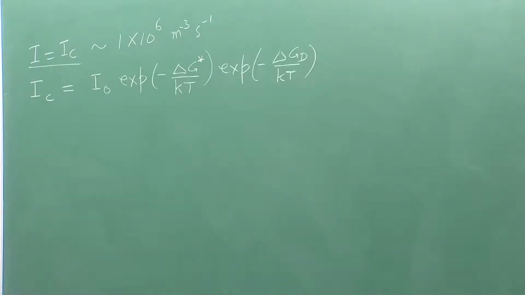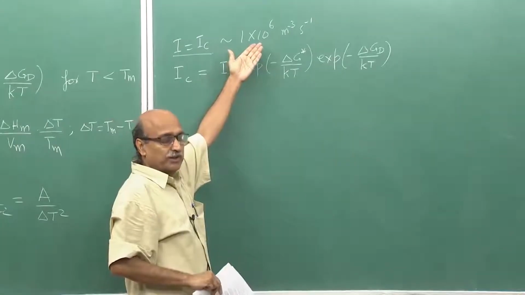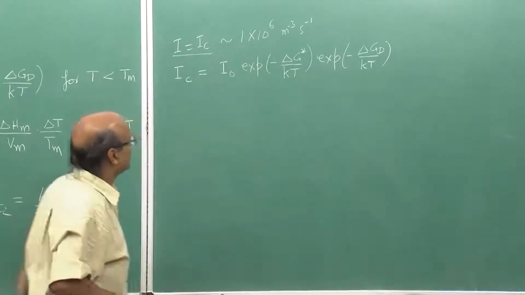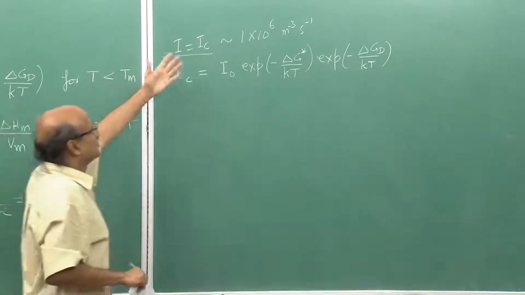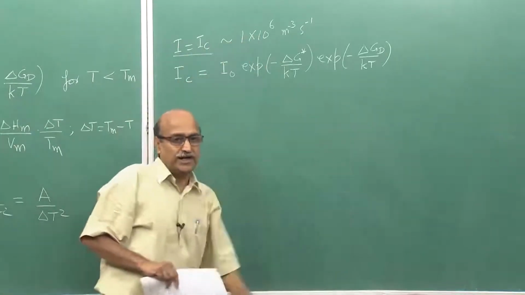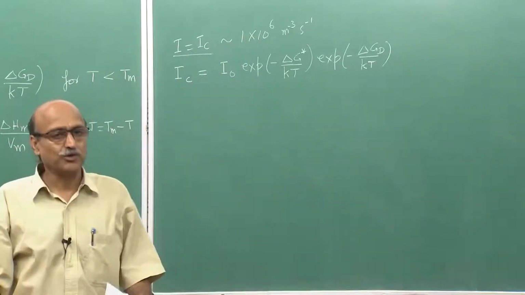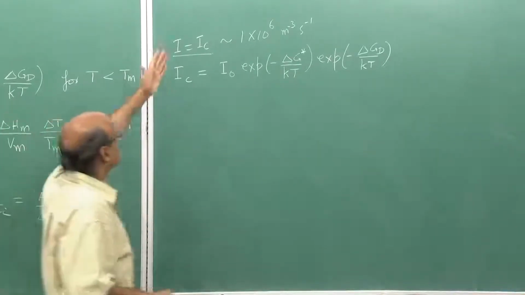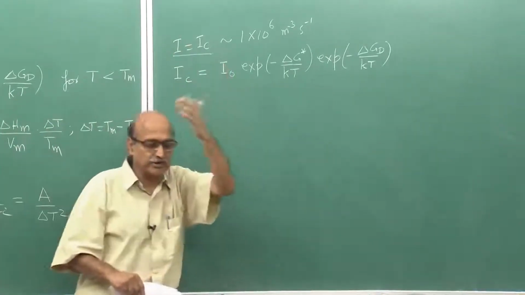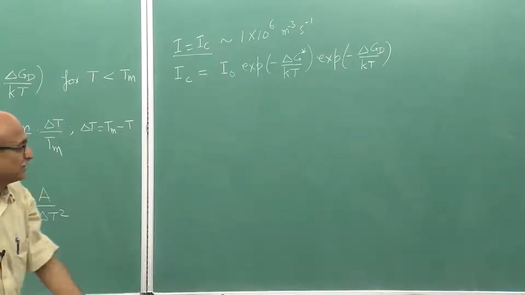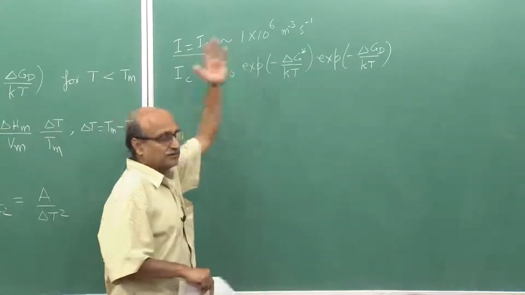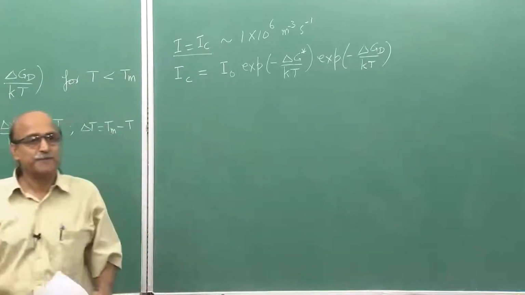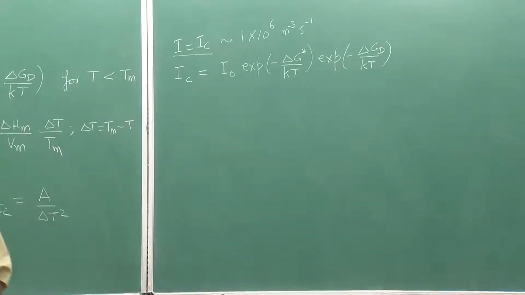So, in 1 meter cube per second 10 to the power 6 nuclei would be forming. Below this rate is too small, and we can expect that no solidification is going to take place. So, only at this critical rate or beyond we would get solidification. In fact, beyond this critical rate we will see that rapid solidification would take place, which means nucleation and growth.